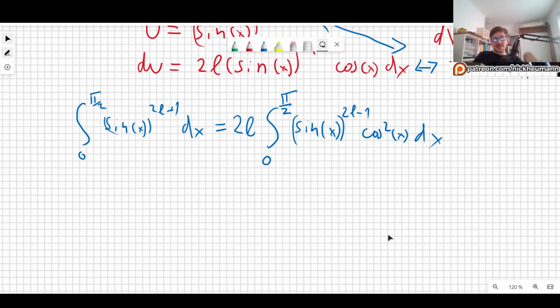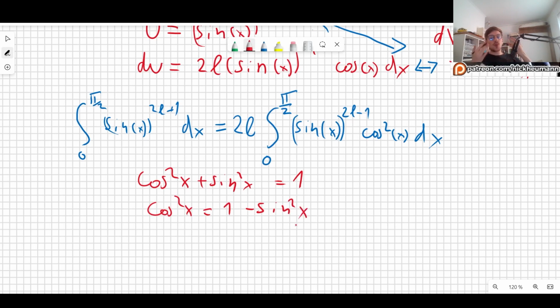Okay, and now we will rewrite, because we know that cosine squared of x plus sine squared of x is equal to 1. So that means that cosine squared of x is equal to 1 minus sine squared of x. Now, why am I doing this? Because I want to rewrite this back into sines, and you will see why in just a moment.